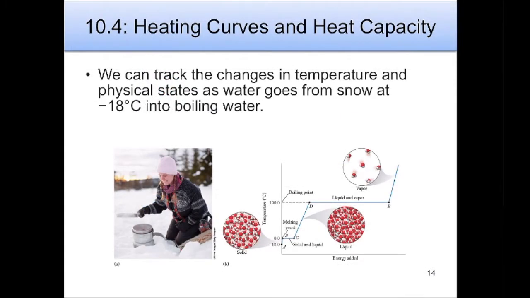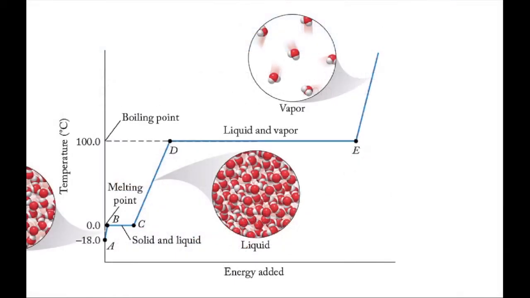So now let's just look at how this energy is transferred to a system as, say, water goes from ice at minus 18 degrees Celsius to boiling and beyond. So here's a graph that shows that change. So we have the energy added on the x-axis and the temperature of the system on the y-axis.